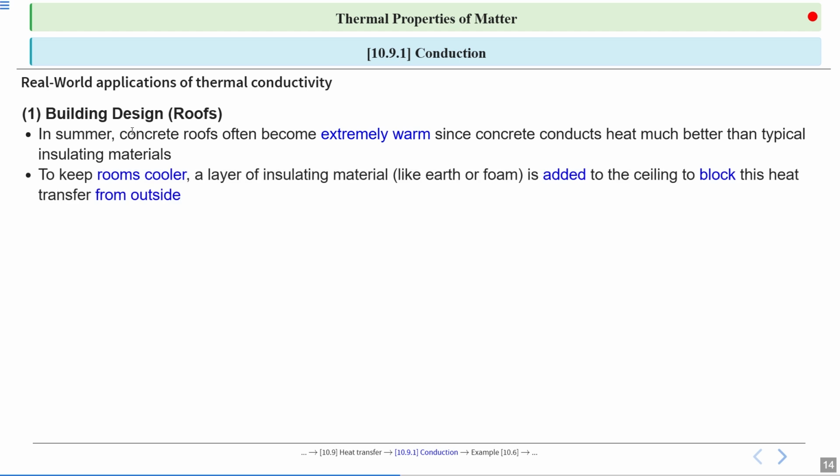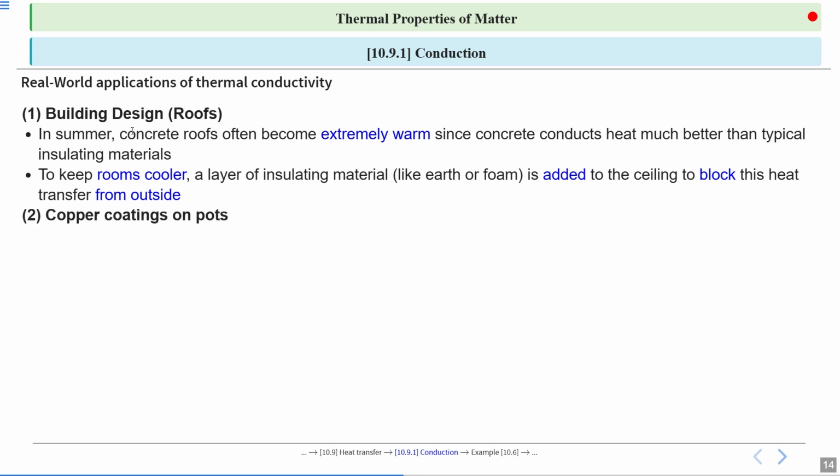So to keep the room cooler, a layer of insulating material like earth or foam is added to the ceiling to block this heat transfer from outside. So this prevents the transfer of heat.